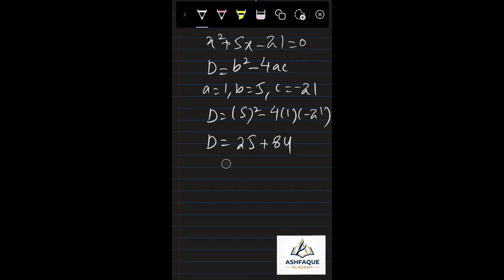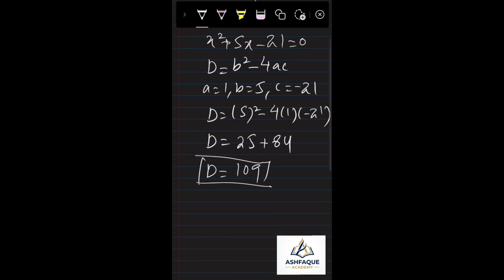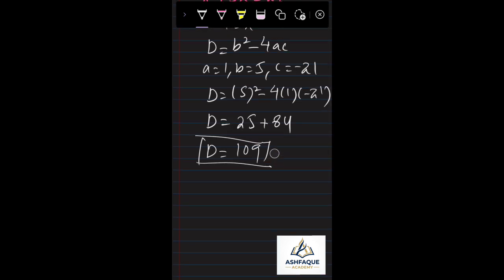So what will we have? D is equal to 109. So it is not a perfect square.